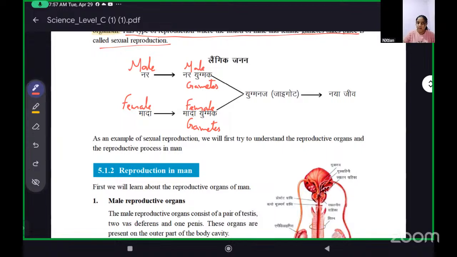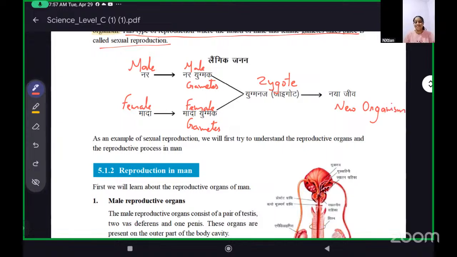Ma'am, last year you had done the same thing. Yes, last year I did the same thing. First I did separate tests and then one combined test I gave you. So probably the same thing is going to happen this time, okay? Separate tests first for both the chapters and then one combined test also. Ma'am, after this chapter, all the chapters are easy.